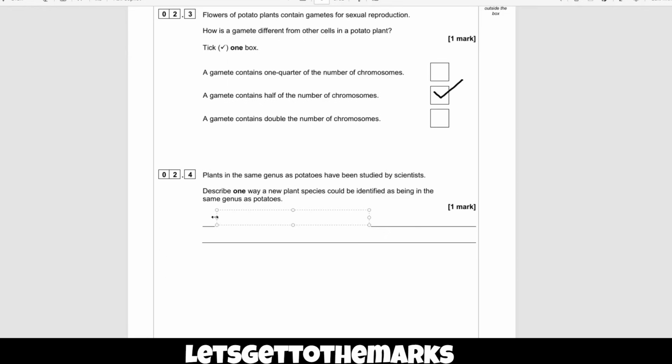So you can do some biochemistry where you actually look at the DNA and see how closely matched it is, or you can look at the proteins. We're going to go with breed them together and see if they produce offspring. Now, they might produce fertile offspring. That would mean they're the same species. But if they just produce offspring, they could be hybrid, but that would maybe prove they're definitely in the same genus.